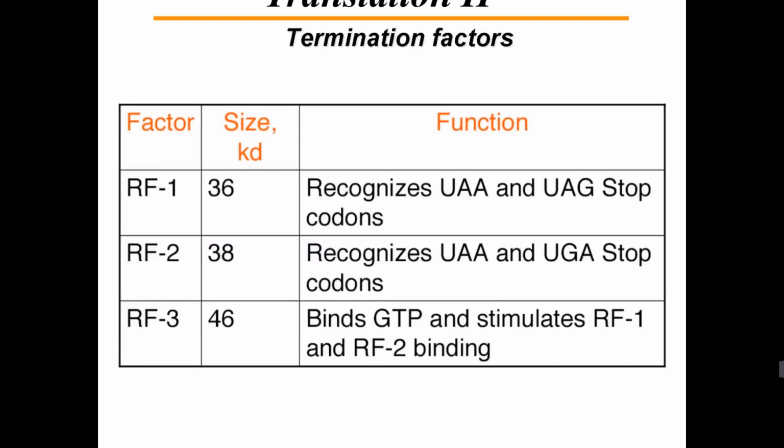And then finally we have termination factors, RF1, RF2, and RF3, that help stop protein synthesis and release the nascent polypeptide chain from the ribosome to then go on and carry out its particular function within the cell.